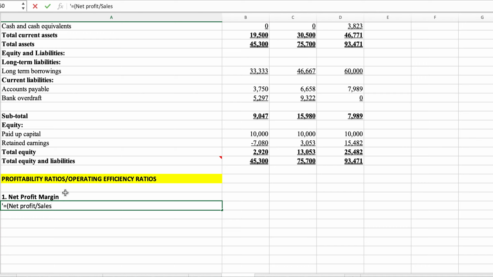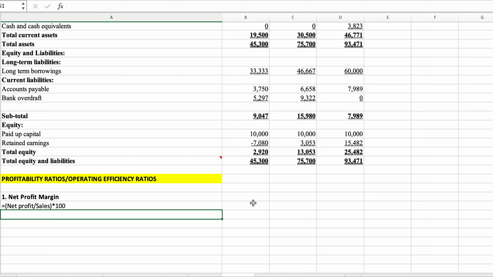You can use either revenue or sales. So the formula for net profit margin is net profit divided by sales. Then you express it as a percentage by multiplying by 100.